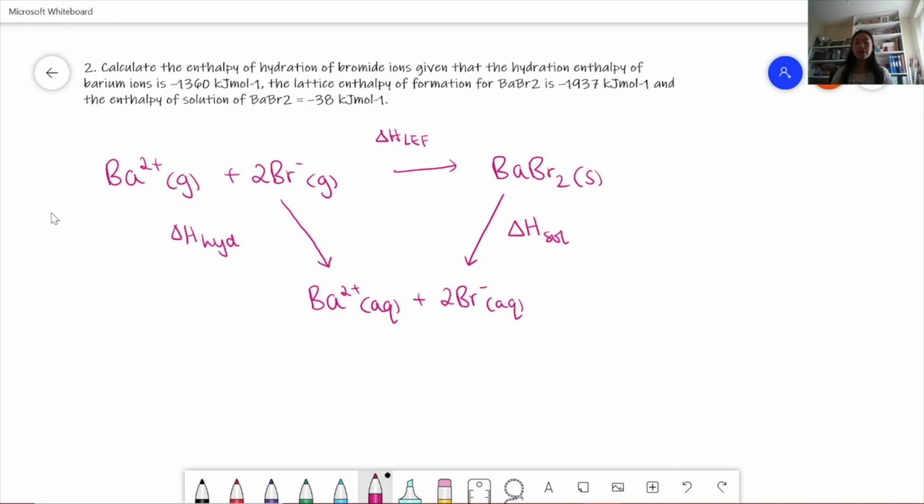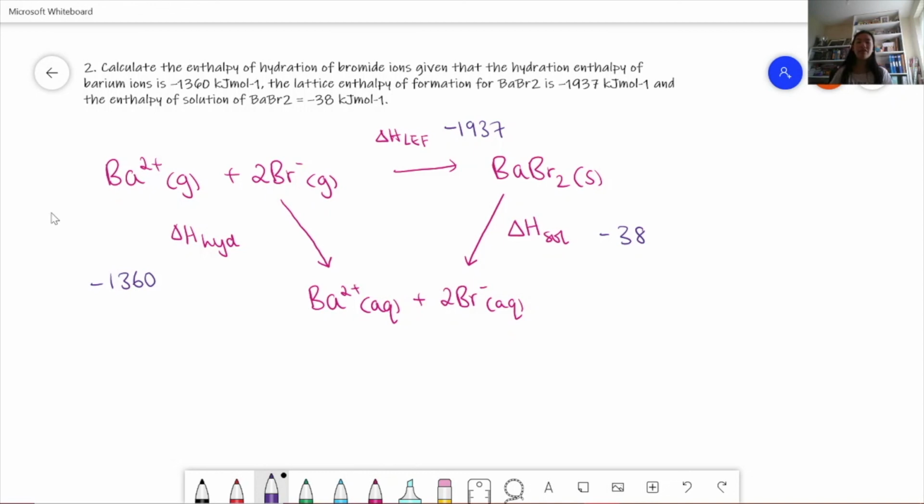And so now we can put in the numbers. We have minus 1937 at the top, and then we've also got the enthalpy of solution, which is minus 38. And then for hydration, we've been given the barium ions, so that's minus 1360, and we don't know the bromide ions.